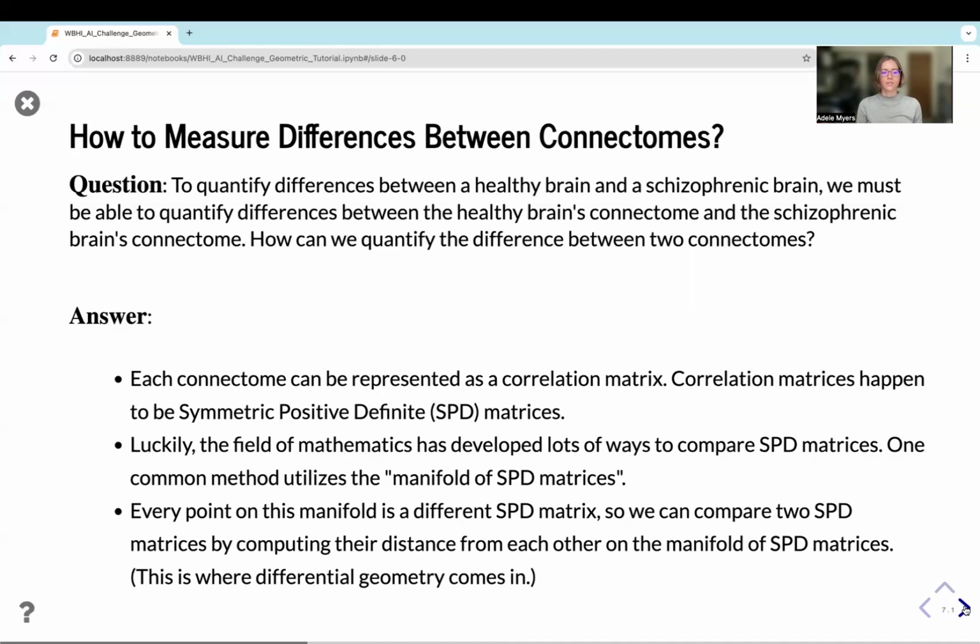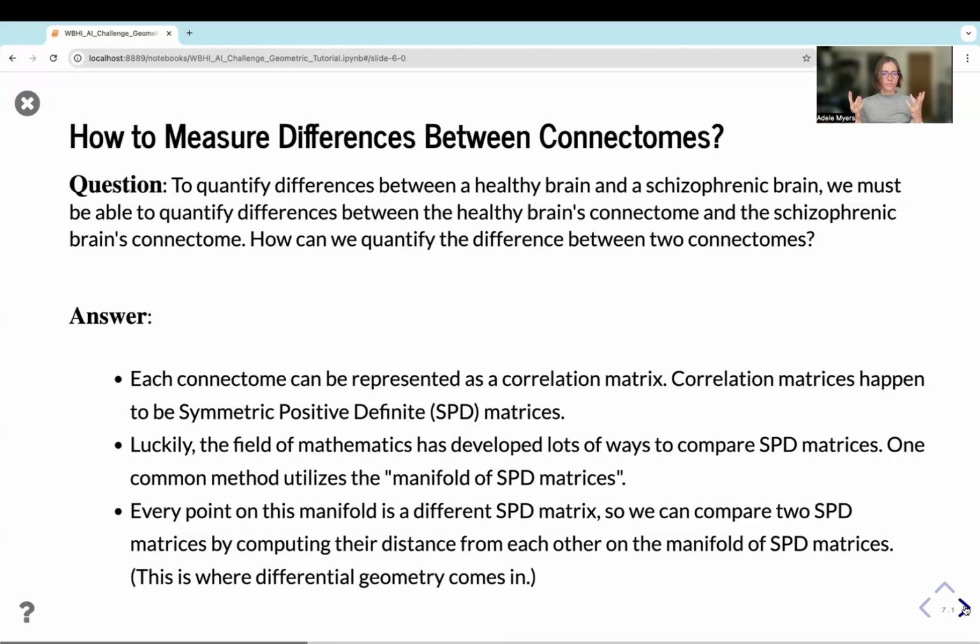Correlation matrices happen to be symmetric, positive, definite matrices. Luckily, the field of mathematics has developed lots of ways to compare SPD matrices. One common method utilizes the manifold of SPD matrices. When I say a manifold, you can just think of an abstract mathematical space.